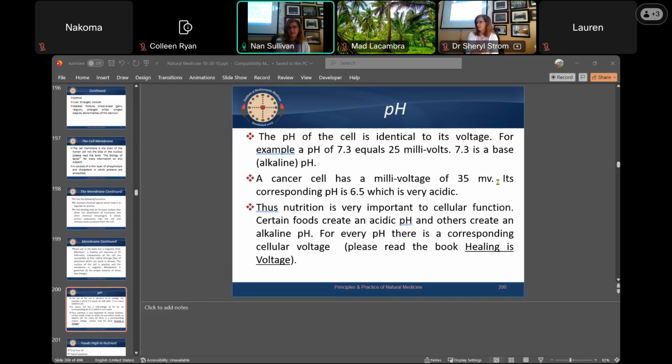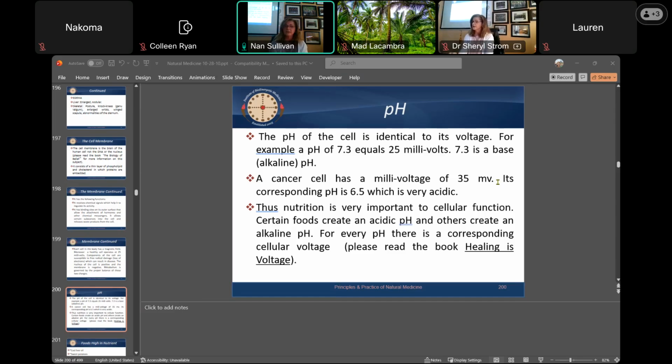You give the best advice as you can, and then I know she's in good care. I know that she is working with her providers, and you never take it personally. They have their own journey. But I was sort of sad when I saw her pH level. It was not good. Thus, nutrition is very important to cellular function.